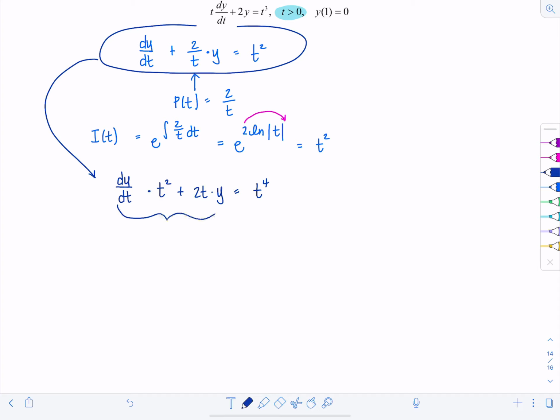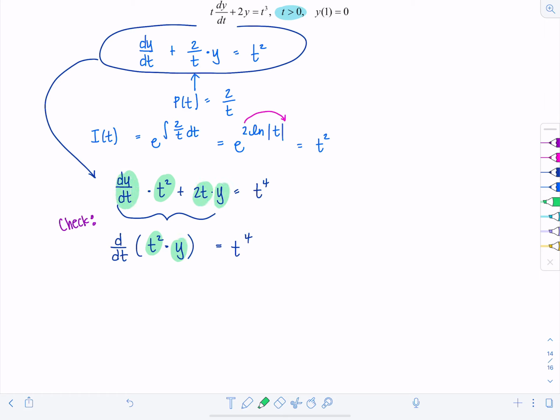Now this left-hand side better be d dt of I of t times y. Let's check, something didn't go awry. We're leaving this alone. Okay, derivative of y, dy dt. Now take the derivative of t squared.